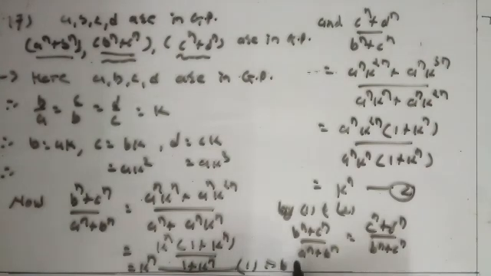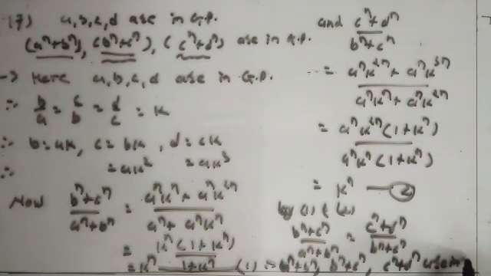Therefore, a raised to n plus b raised to n, next b raised to n plus c raised to n, and the last c raised to n plus d raised to n are in GP. Clear? Hence proved.